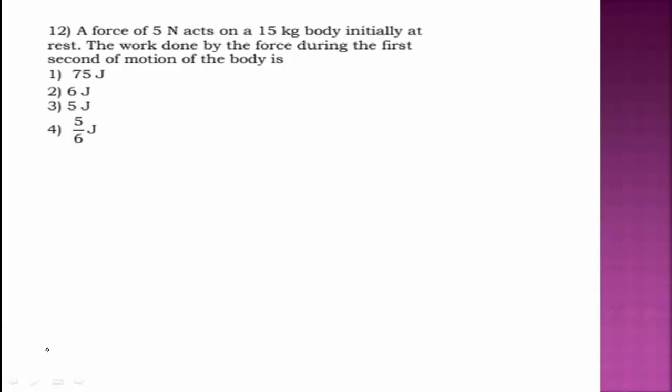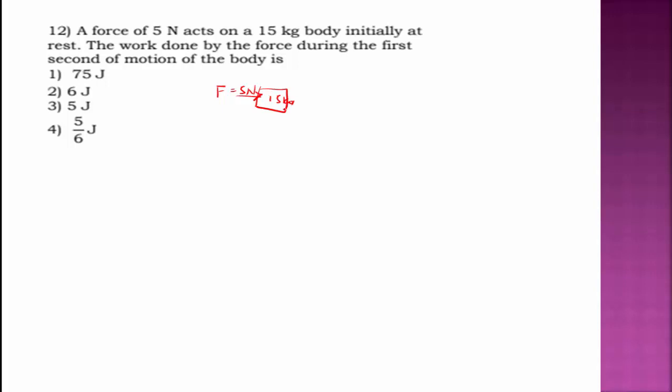The next question is, a force of 5 Newton acts on a 15 kg body initially at rest. Here, this is the 15 kg body. A force of 5 Newton acts on this body.